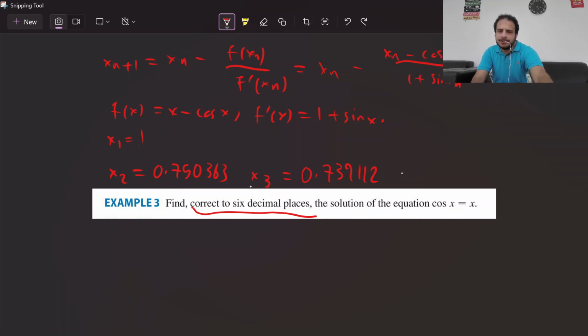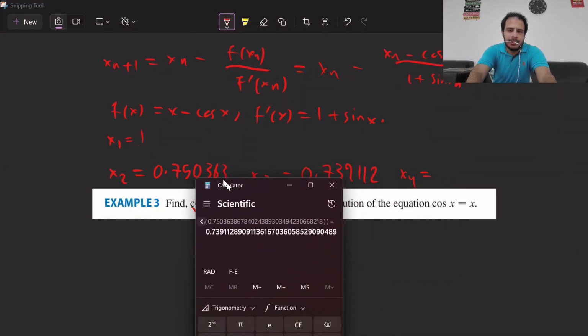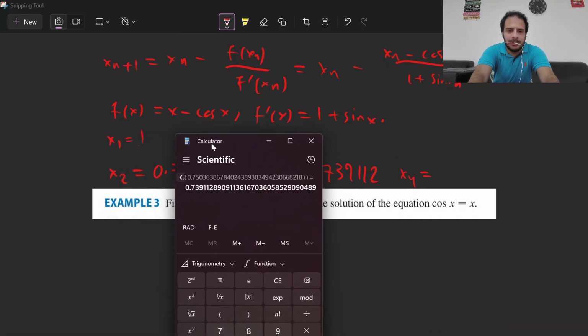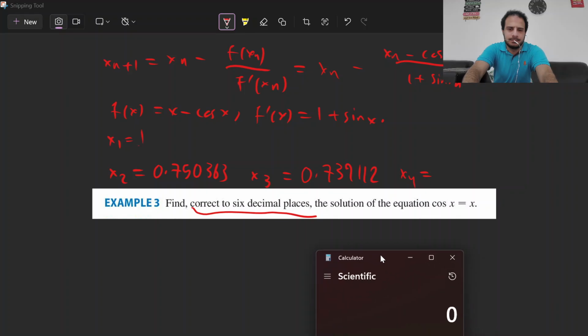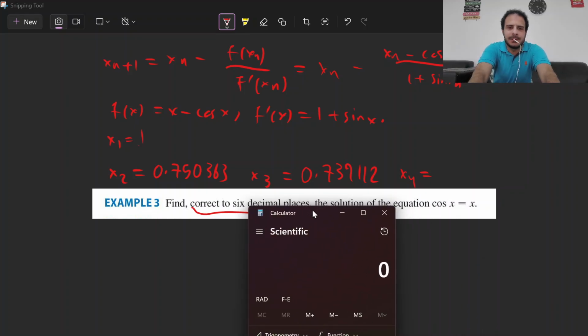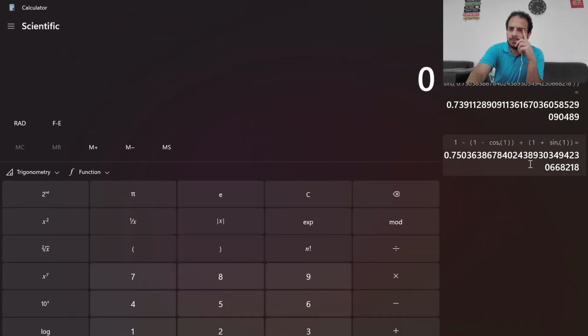Now x_4. Again, Control C, Control V, minus, open parentheses, Control V, minus, no, again, I didn't copy, it's a problem like this. Yes, I want this number, right?